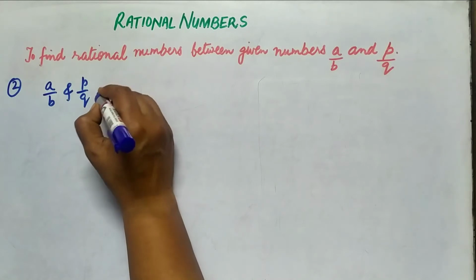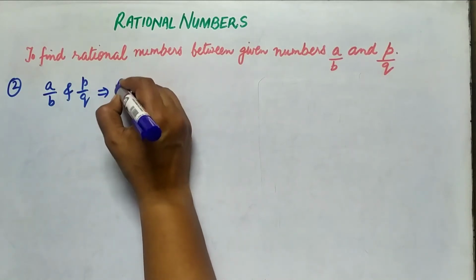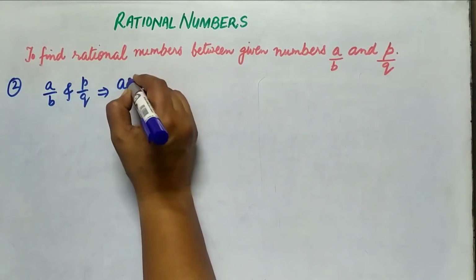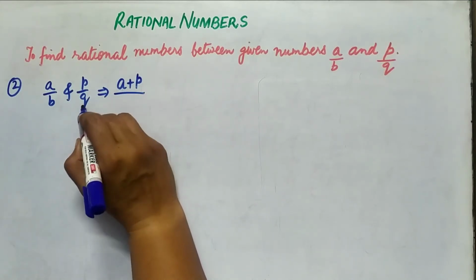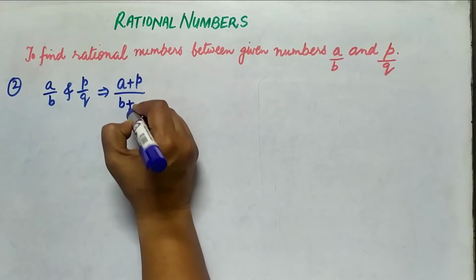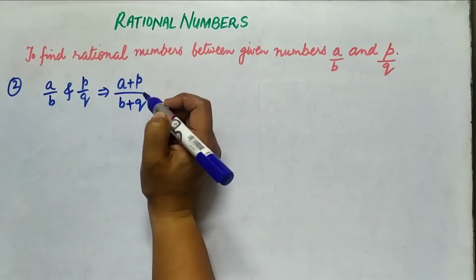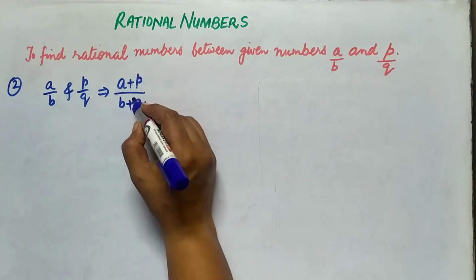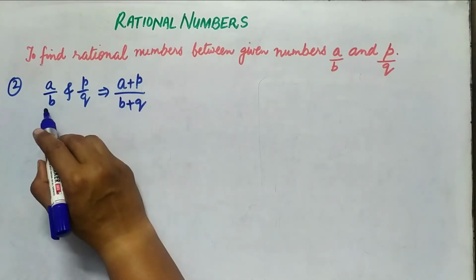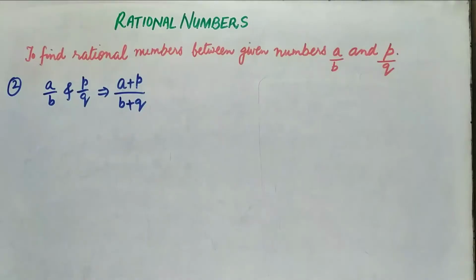And what we do? Add the numerators a and p upon add the denominators also, b plus q. Now this is the new rational number, and it will certainly lie between these two numbers. And we have found our new number.